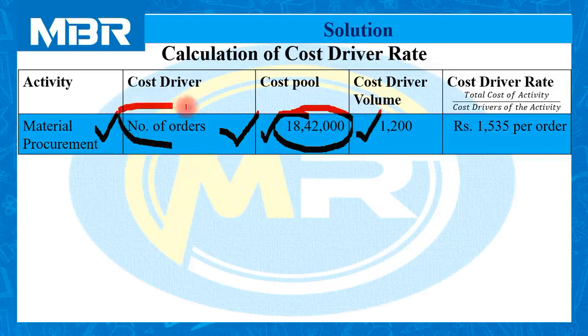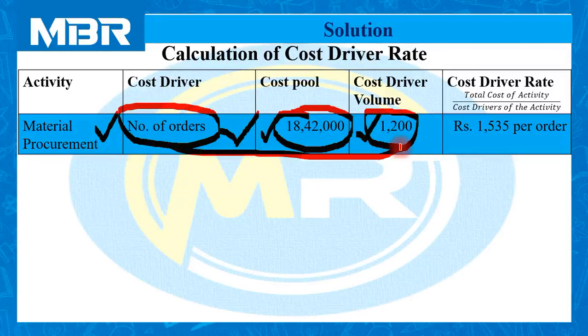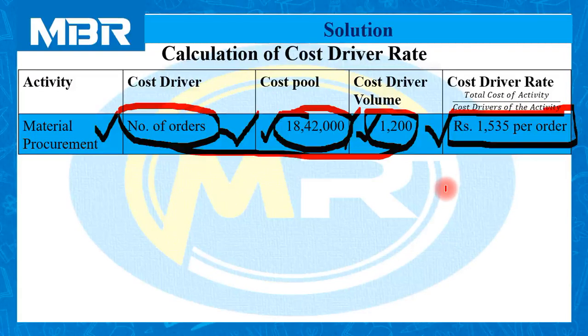It means we are expecting to place 1,200 orders during the year. 18,42,000 divided by 1,200, so the cost of material procurement is rupees 1,535 per order. We have to apply this 1,535 per order for the calculation of the cost of this particular job or task.